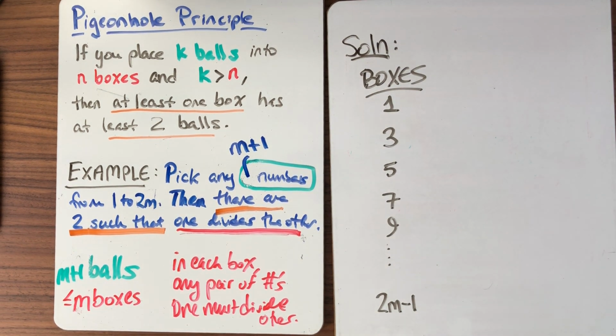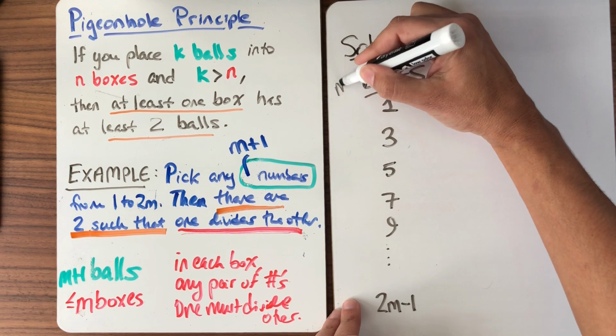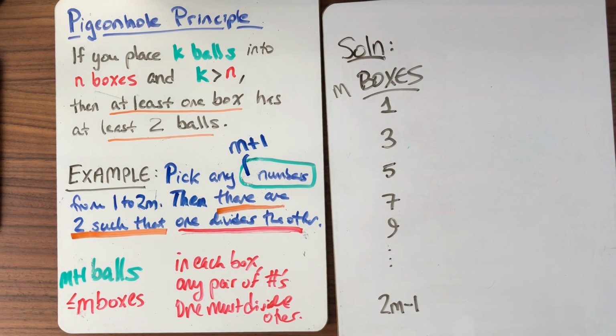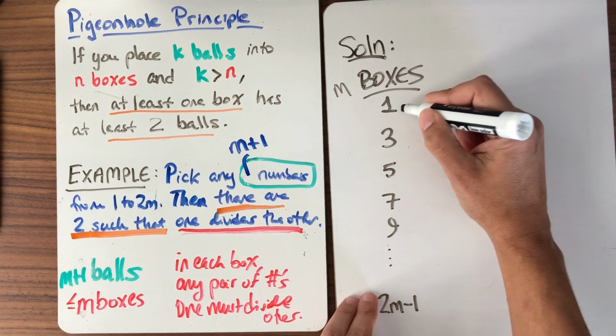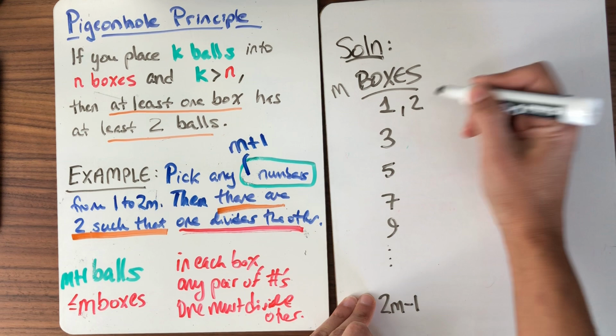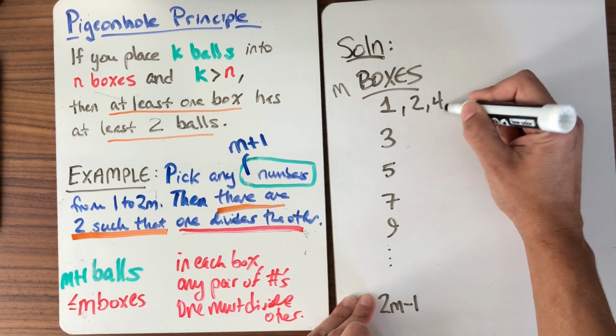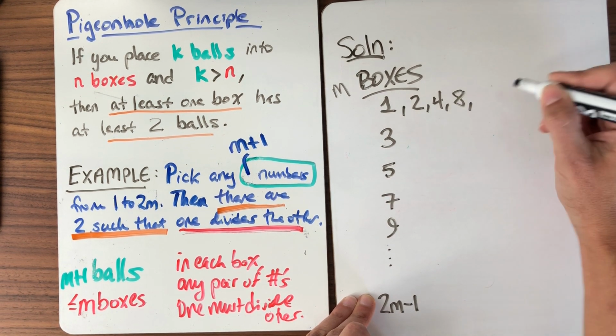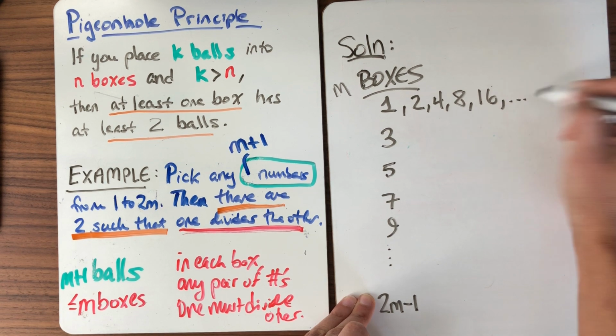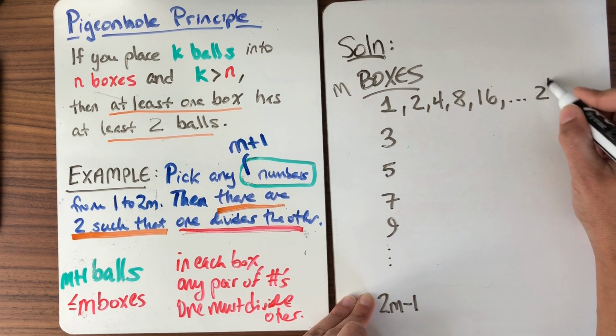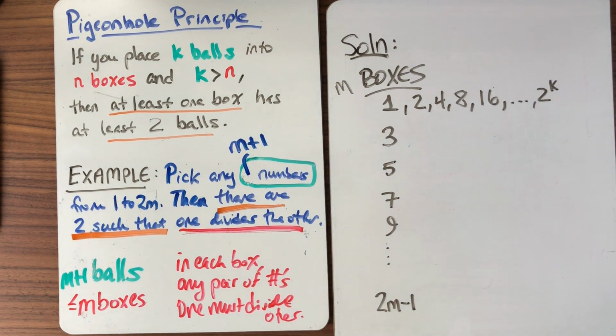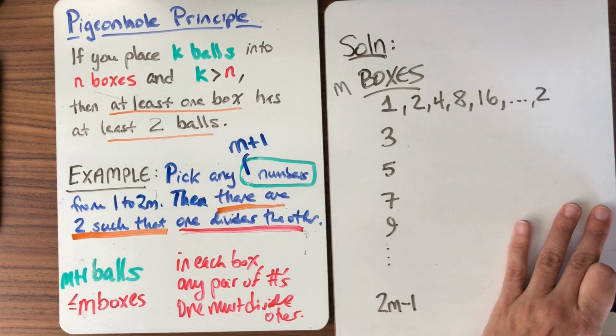This gives me a total of m boxes, 1 for every odd number, so I have half of 2m, which is m boxes. Now, in the box with 1, I'm also going to put 2 times 2, 2 times 2 times 2. I'm going to keep multiplying by 2 and just keep going. And these are all the numbers of the form 2 to the k. K is already taken. 2 to the i.